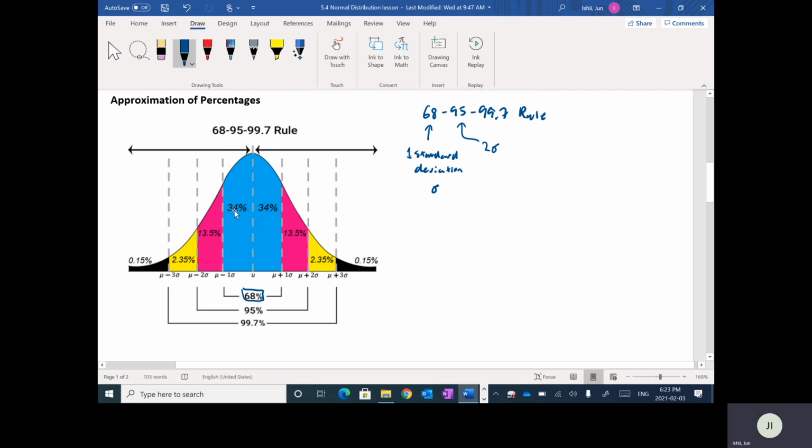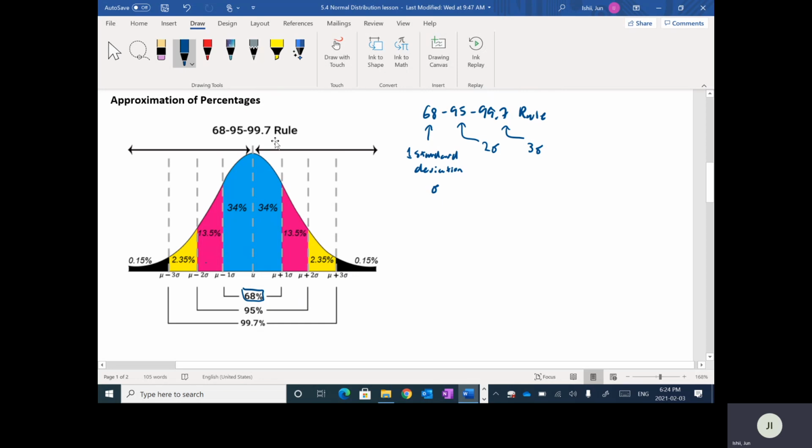If I have 34 and 34 there, and add another 13.5, this side here would be 47.5%, 47.5% on that side, for a total of 95%. And the third one here, the 99.7, means that there's going to be 3 standard deviations from the mean.